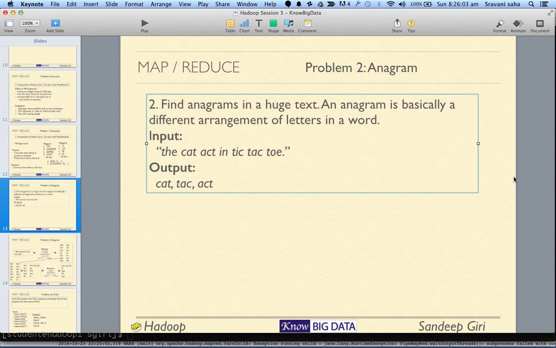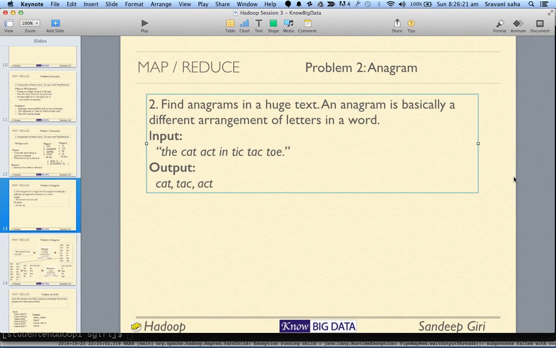Read the text line by line with words and compare the words' characters. So reading the text is not up to you. You cannot freely read text. Hadoop will read a line and give it to your mapper, right?